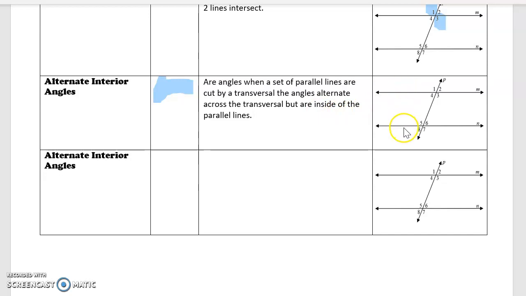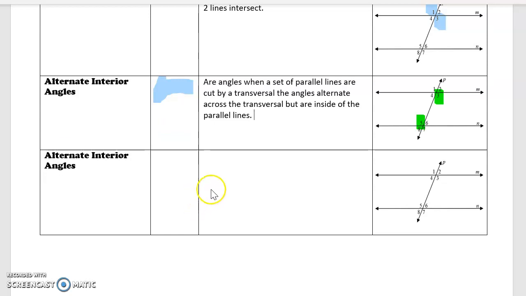First, they have to be inside of these parallel lines. Second, they alternate across. So 5 is on one side of the transversal. It's inside the parallel lines. On the other side of the transversal and inside the parallel lines is 3. Those are alternating interior angles.